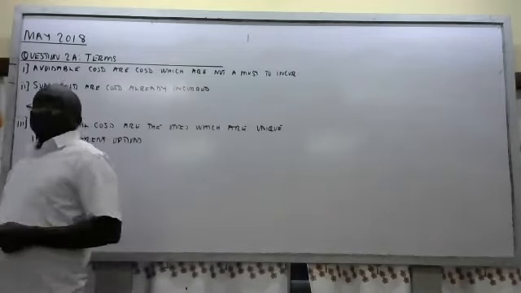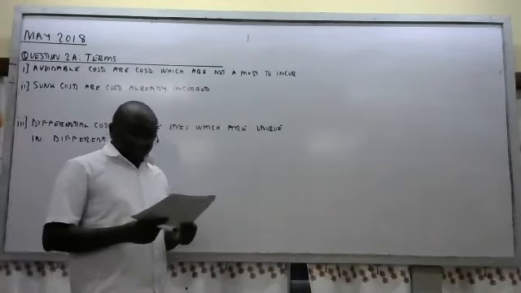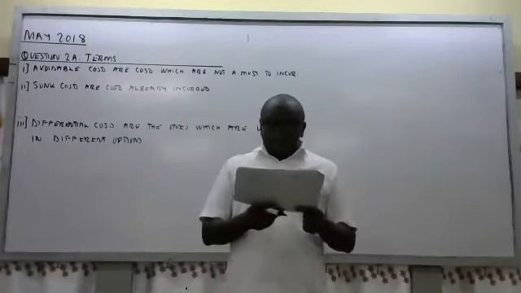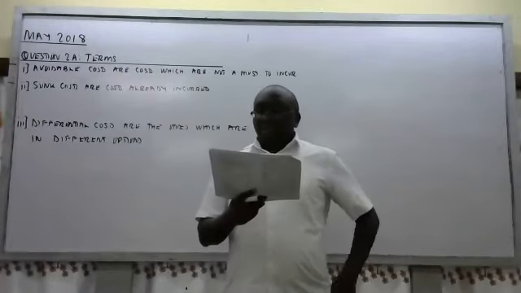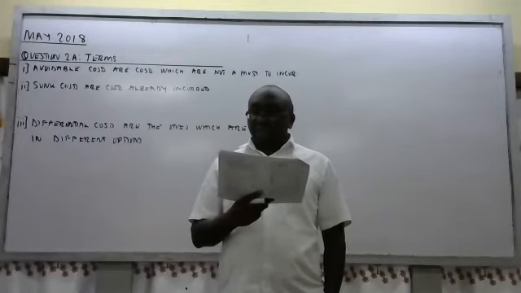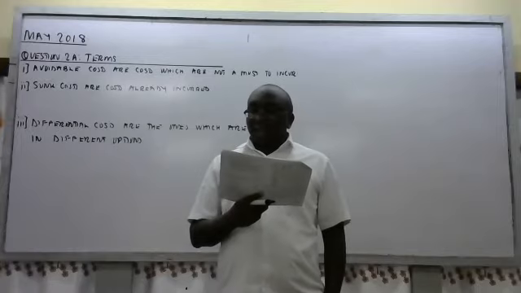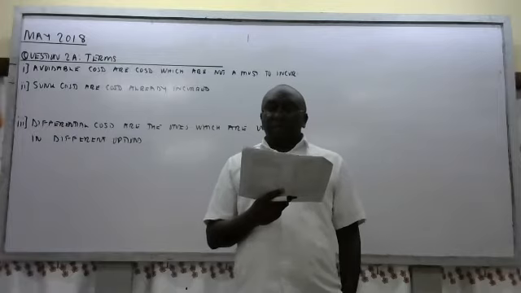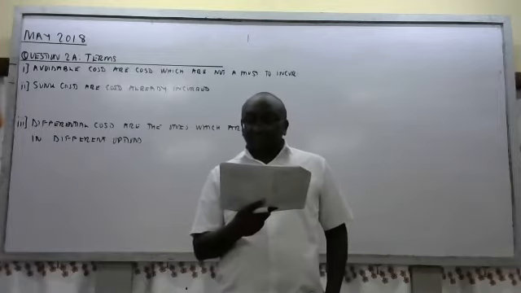Let us go to part B. The following data relates to the weekly amount spent on entertainment by households and the annual income of the head of the household and the household size in terms of the number of persons.